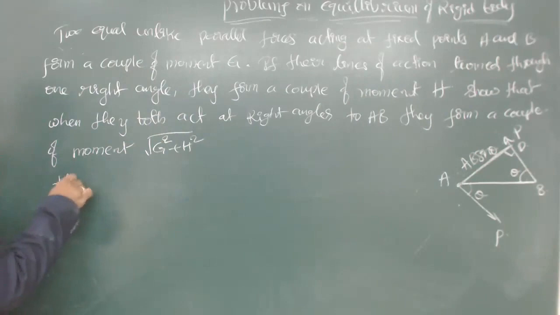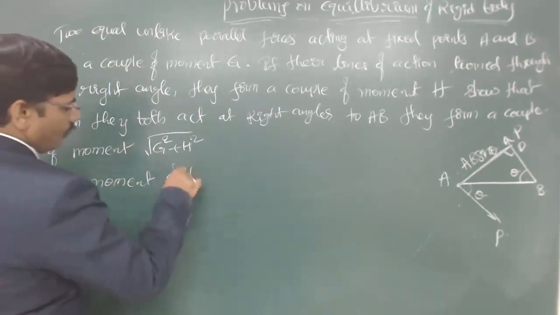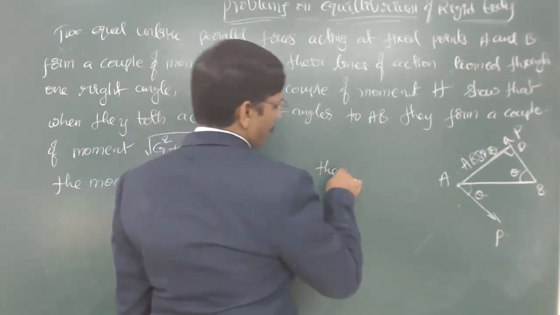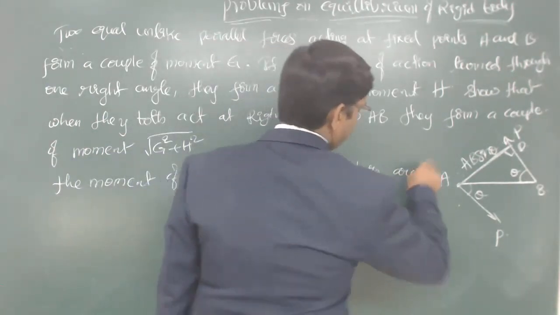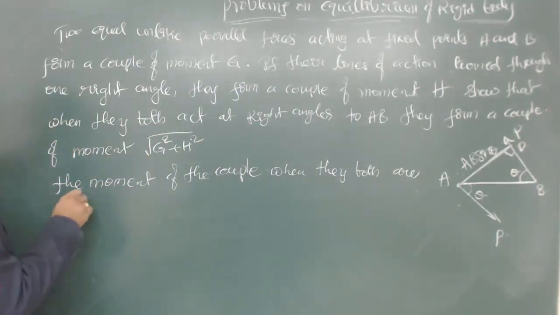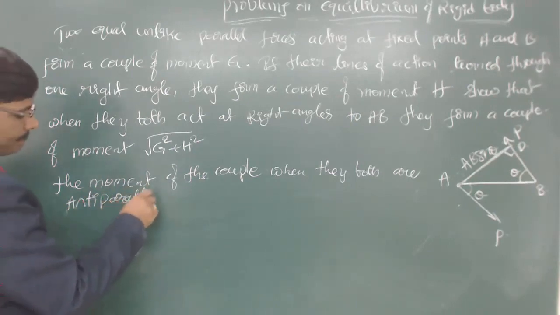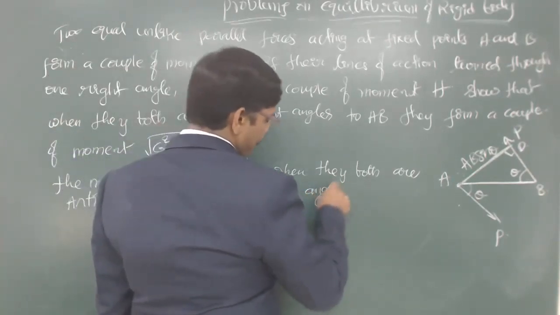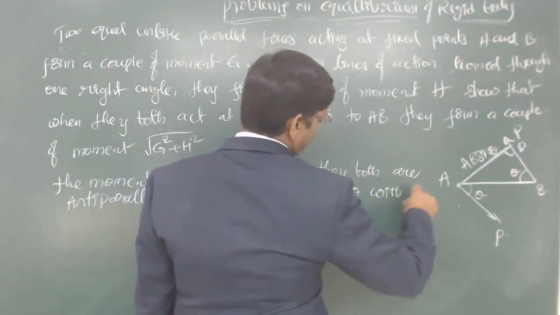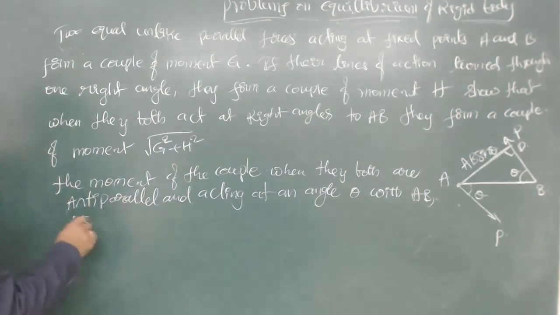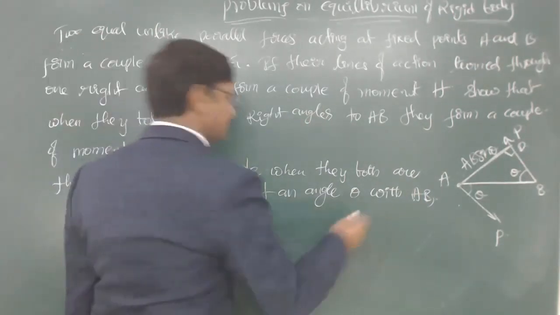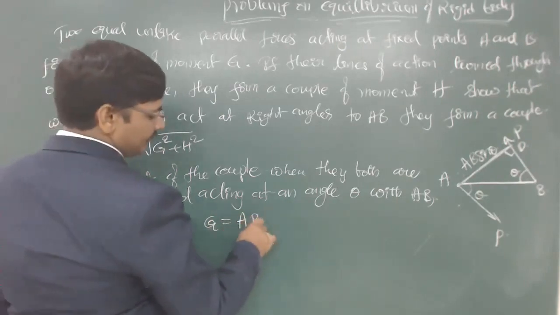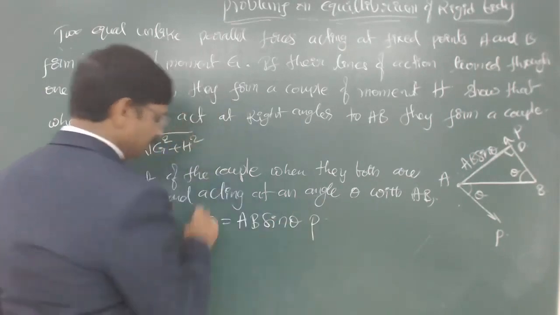So the moment of the couple when they are parallel or anti-parallel and acting at an angle theta with AB is G. That means in this particular case the couple moment is G. So G is nothing but AB sine theta multiplied by P. So this is the couple moment G.